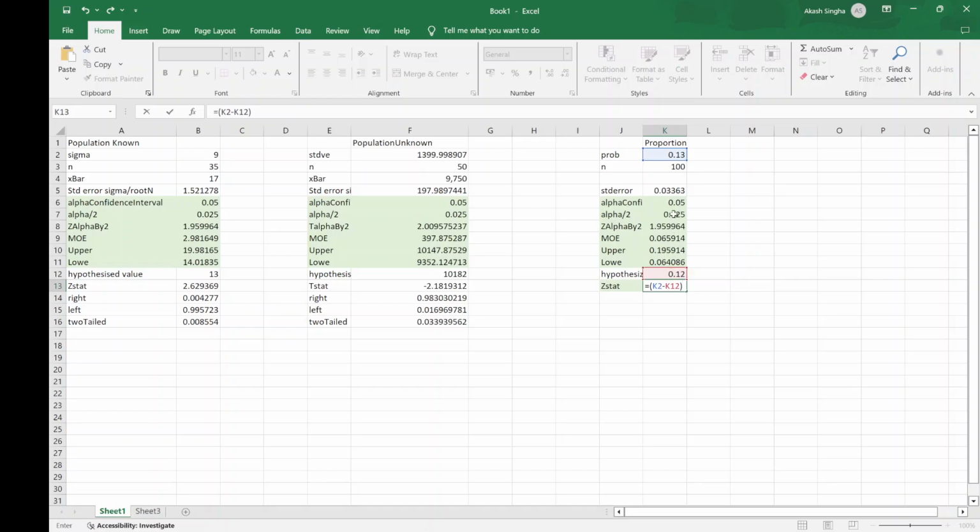Okay, here I think one thing is different. While calculating the standard error, we have to take the P0 hypothesized value.